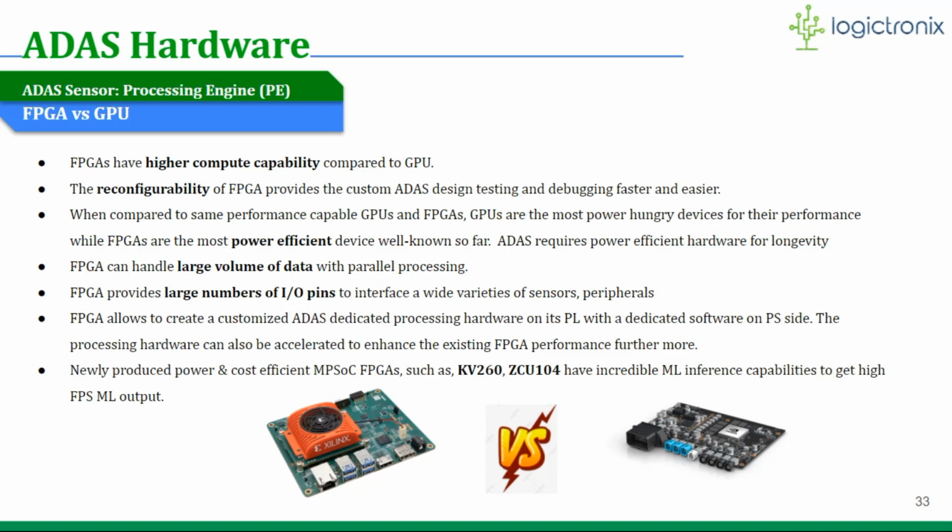When comparing equally performing GPUs and FPGAs, GPUs are the most power hungry devices for their performance, while FPGAs are the most power efficient devices known so far. This is a very important thing for battery operated systems. ADAS requires power efficient hardware.